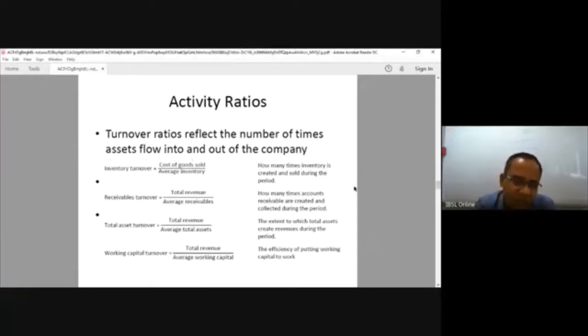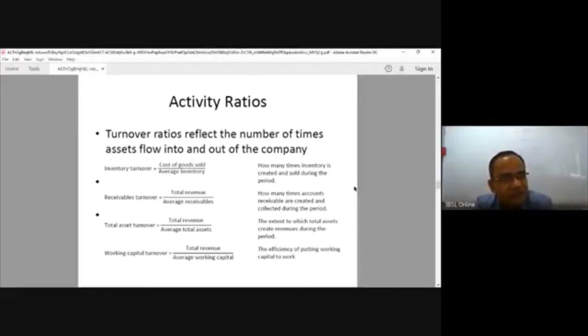So when you look at the balance sheet and P&L, what is the total revenue? From the P&L sales, you will take the total revenue. From the balance sheet, you will take the total assets, and then you divide the total revenue by the total assets, and you will see how many times the total assets are turned over. The higher the turnover, the more active the business is.